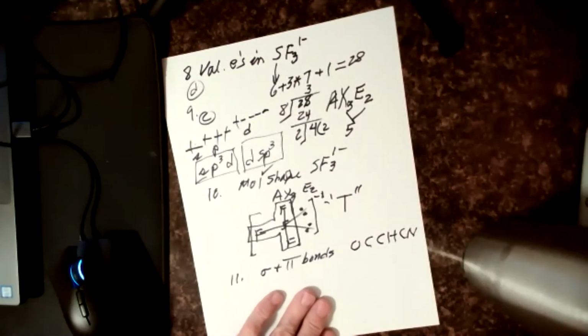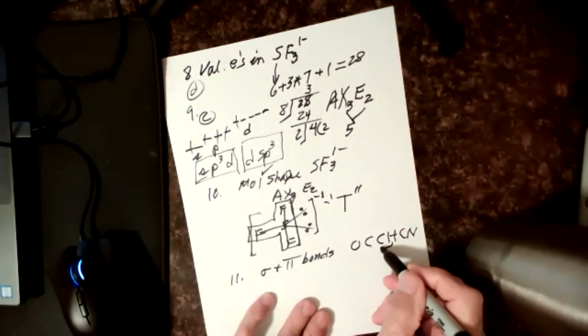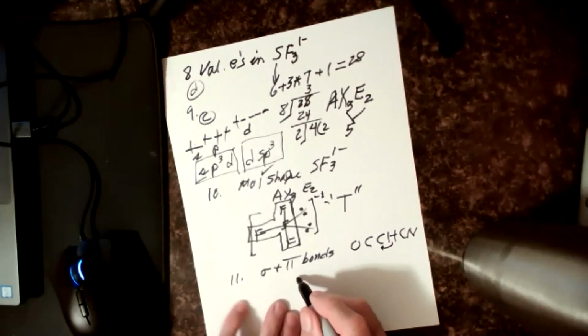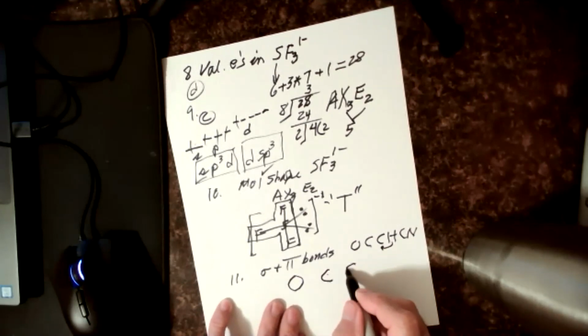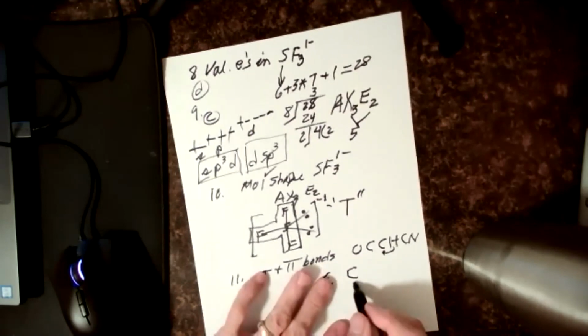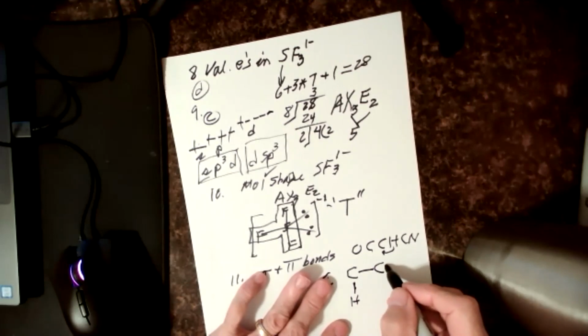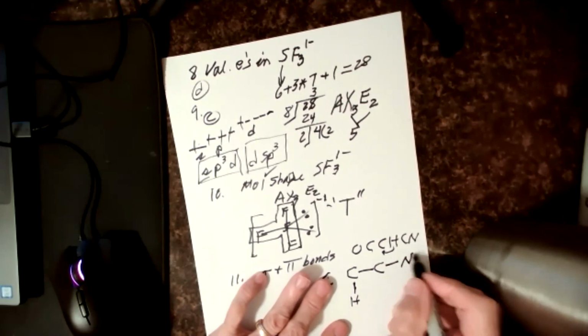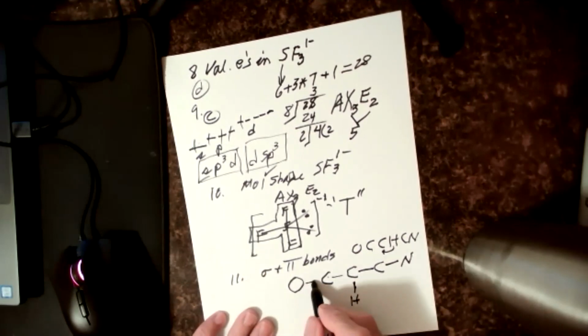Okay? Now, first thing I'm going to do is take care of the hydrogen. It belongs down here. So I'm going to put oxygen. I'm going to put a carbon, another carbon. I'm going to put a hydrogen down here off to the side. Then I'm going to put another carbon. Then I'm going to put a nitrogen. And now I'm going to attach everything.